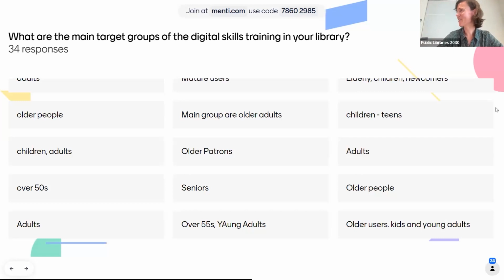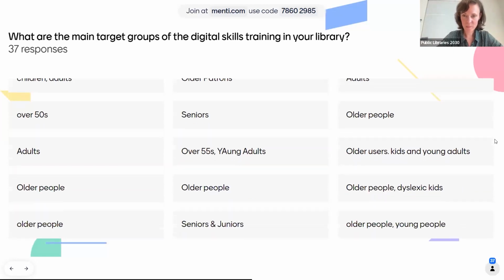If it starts already at 55, older patrons, older kids and young adults. That's interesting to see, because we also have one library that is targeting adults in general. Dyslexic kids.